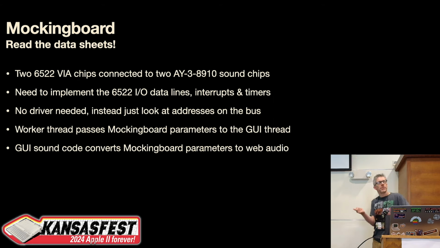That's the actual chip that constructs the sounds for the Mockingbird itself. And those 2 chips talk to each other and translate these signals or codes from the Apple II into the actual sounds that you're trying to play. And so I just had to study the data sheets, read through them all, and then implement it completely from scratch.